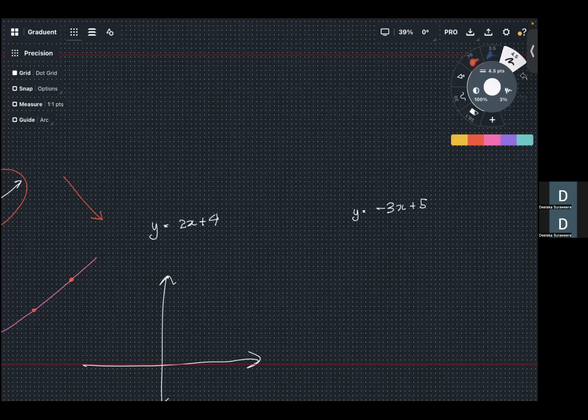You sub particular x and y values to sketch. Does that make sense? You can just sub in one value of x and then find the y value. That's a coordinate on the line. So that's a point on the line.